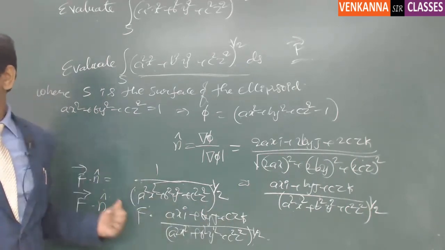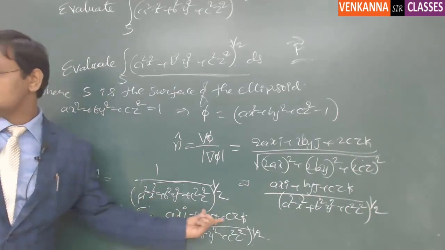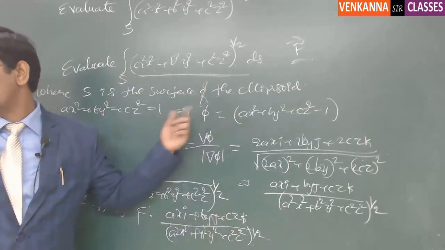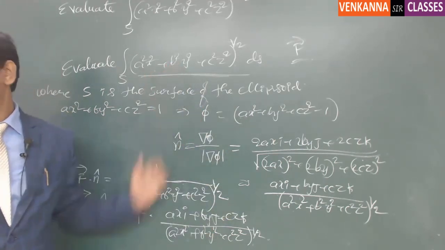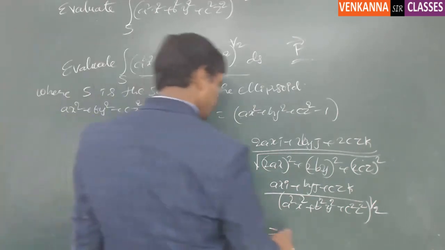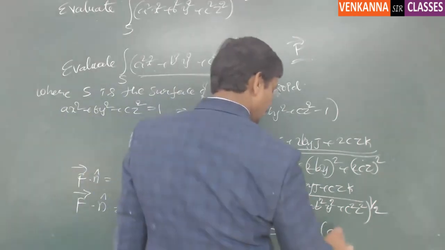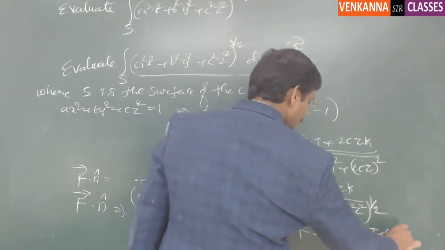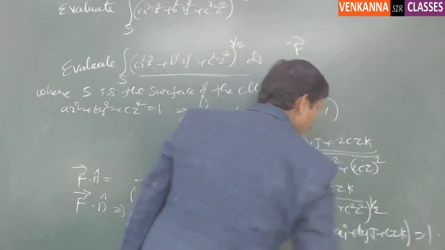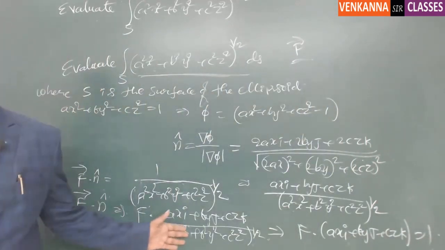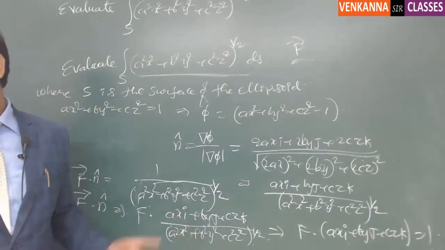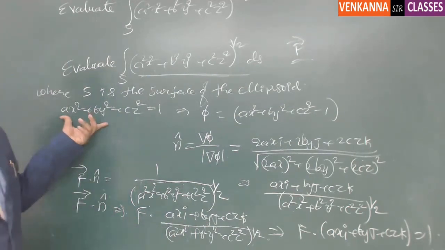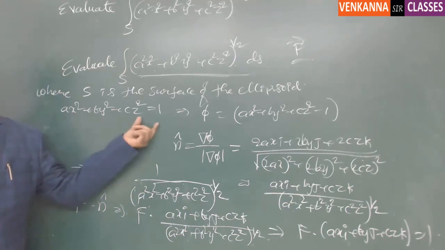If F is such that the dot product of these two comes out to be 1, then this will be equivalent to the original equation. So F dot (ax i + by j + cz k) is 1 from this relation. If the dot product has to come out to be 1, we get the relation ax² + by² + cz² = 1.